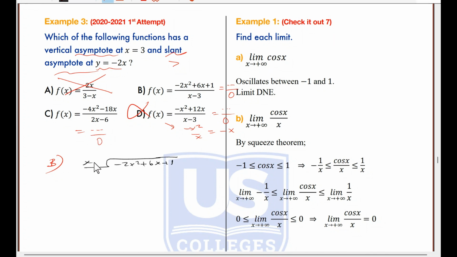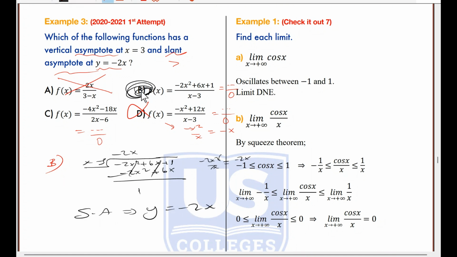Bottom is x minus 3. Divide negative 2x squared by x, which will be negative 2x. Multiply negative 2x by the bottom: negative 2x by x, negative 2x squared, positive 6x. When you subtract, everything will go except 1. So our slant asymptote in option B is y equals negative 2x, which is true.